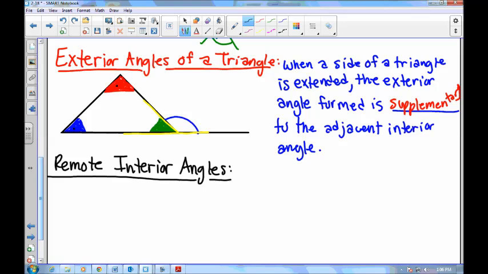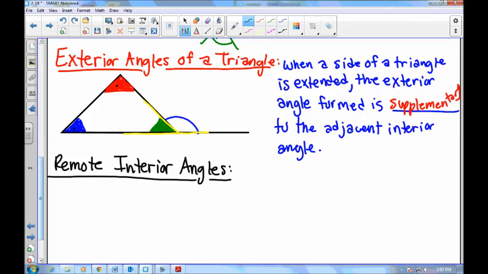All the vocabulary phrases we're talking about today actually make sense. Remote, if you're in a remote place in the wilderness, are you going to be close to civilization? No. You're way far away. And interior means inside, right?